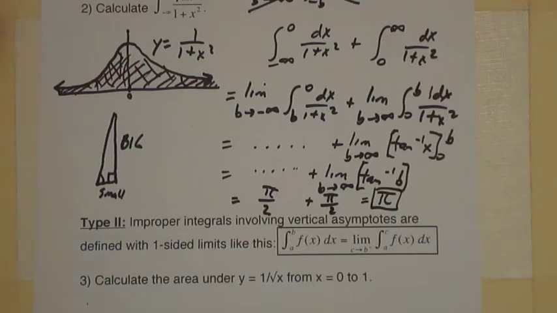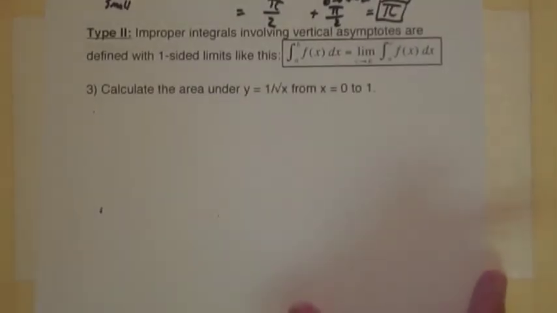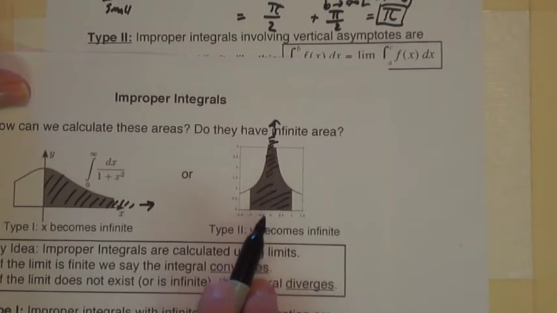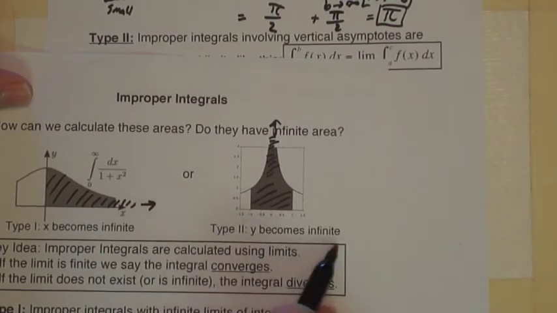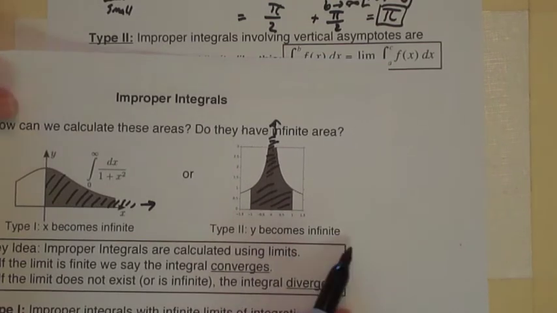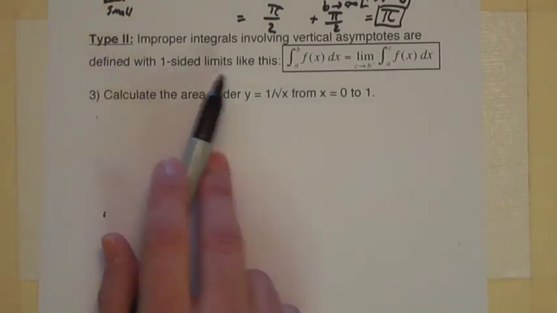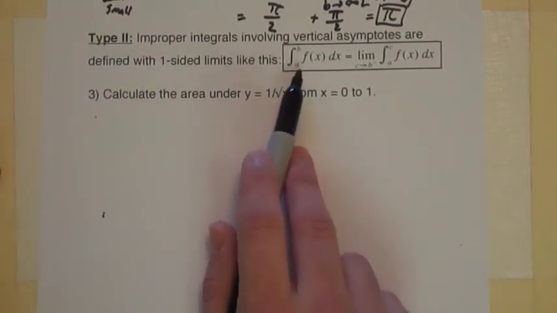Let's do another example. Let's now switch to type 2 improper integrals. A type 2 improper integral, if you look back at the first page, involves a vertical asymptote, like this one, where y becomes infinite in the y direction. Improper integrals involving vertical asymptotes are defined with one-sided limits, such as this one.